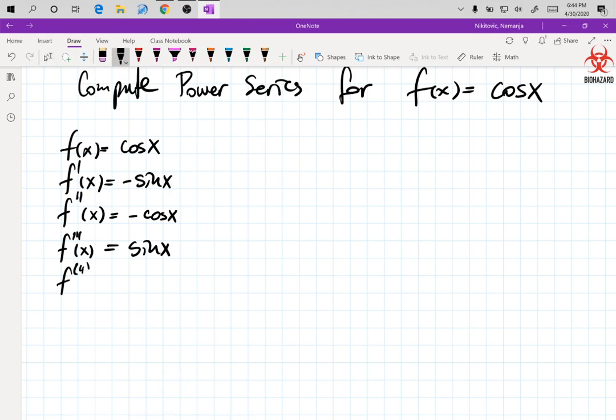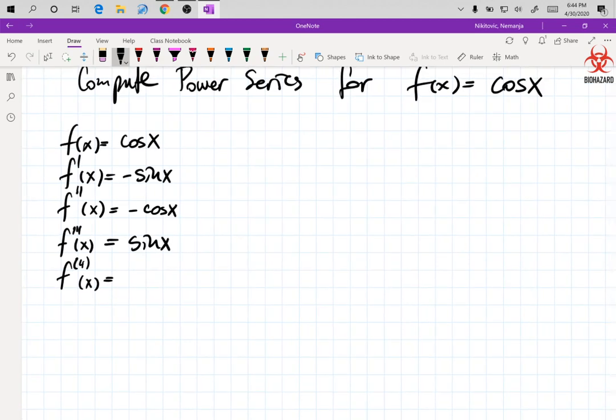Then the fourth derivative, now we're switching notation for derivatives from those tick marks, goes back to cosine x. The fifth derivative is negative sine x.